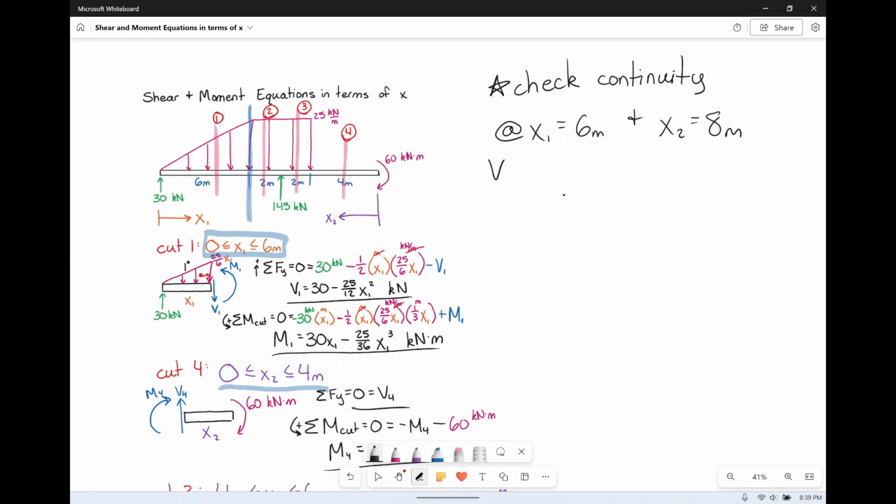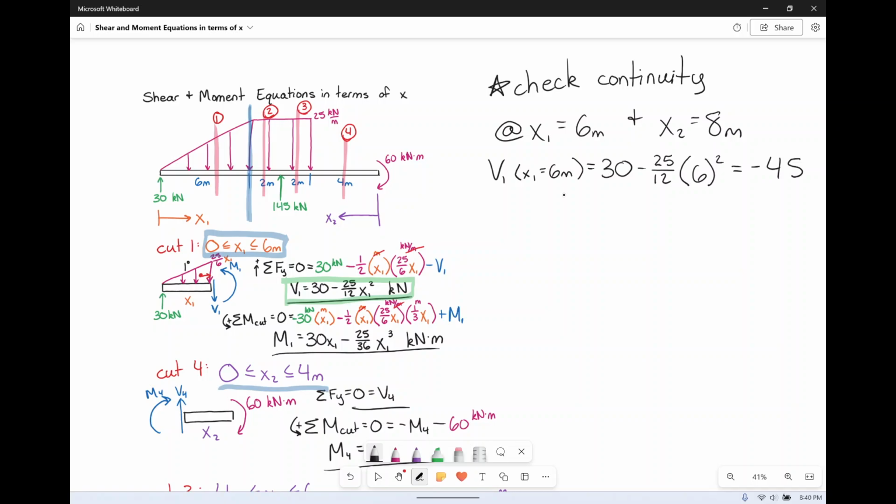So first one we're going to do shear 1. And this is for x1 is equal to 6 meters. So I'm going to plug in wherever x1 is, 6 meters. I'm going to use, we'll highlight it here, this equation. So we've got 30 minus 25 over 12 times, it's x1, so it's 6 squared. Punch that in and you're going to get negative 45.